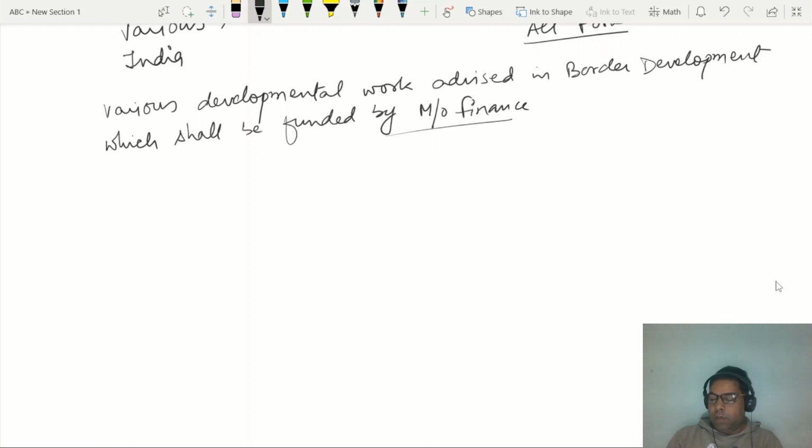So major funds will be coming from the Ministry of Finance. So let us go to the next slot, on the border areas.